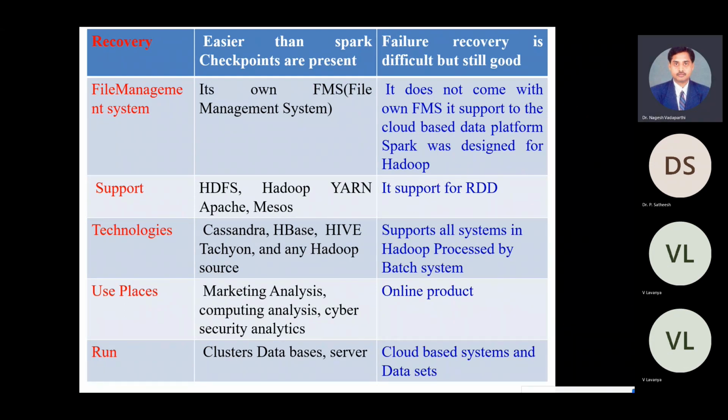Recovery is a parameter. How does recovery work in Hadoop and Spark? Hadoop is easier than Spark, checkpoints are present. See, checkpoints are a special concept. Spark supports checkpoints wherever and whenever we require, in order to find out at what level we have completed the task, and whether my system recovered the data or not.